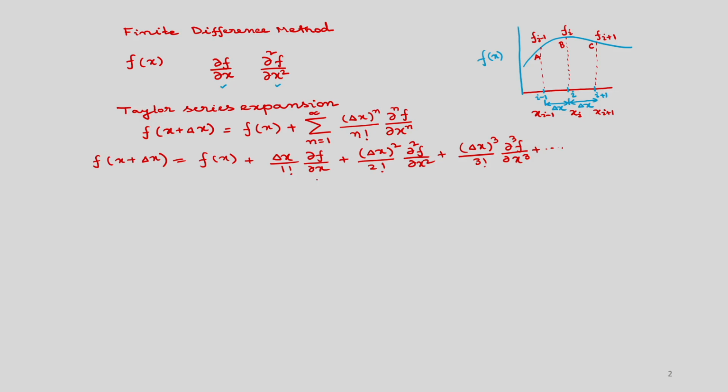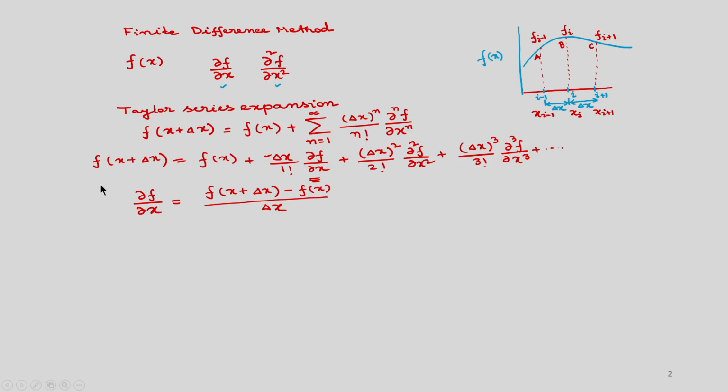Now, if you want to represent this derivative del f by del x, you take the terms to the left hand side, and you get f x plus delta x minus f x. There delta x is there, so you divide by delta x. Other terms will be there.